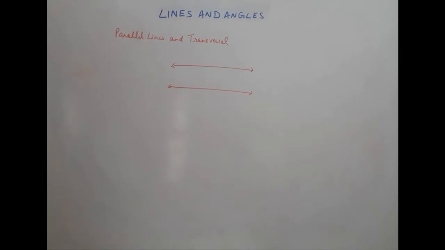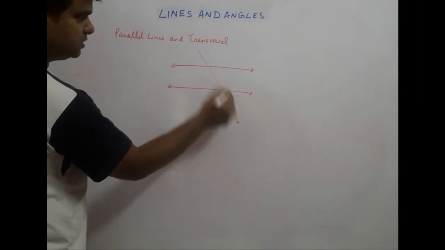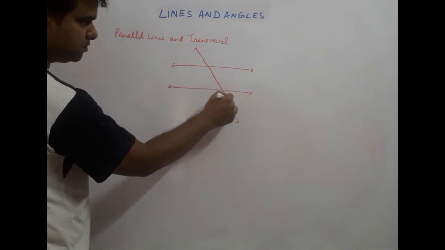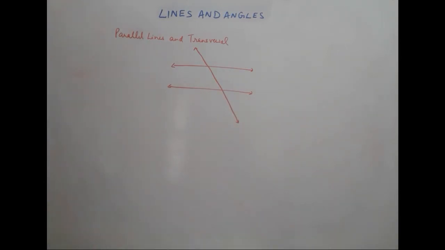So if I draw a line like this, then this is known as a transversal.